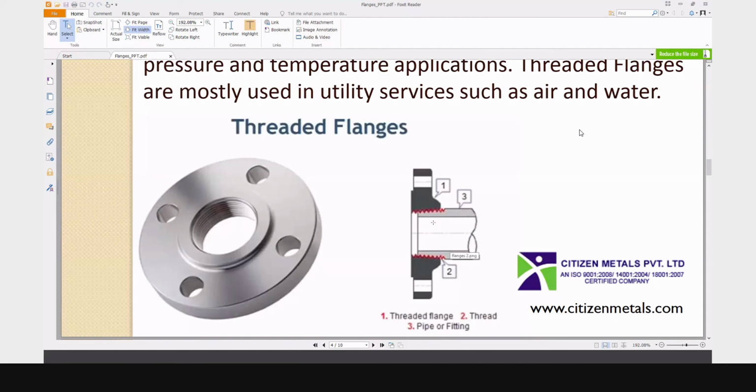One is the threaded flange, two is the thread, you see here the red color, three is the pipe or the fittings. So this type of flange is known as the threaded flange, and this category is the way it is attached with the pipe or equipment.